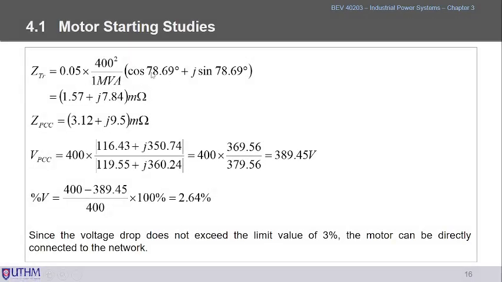In this case, the theta is 78.69. Okay, and then finally we can obtain the Z for the transformer and the Z for the PCC as well. That means we just add the Z transformer plus the Z for the source, and then we can find the ZPCC.